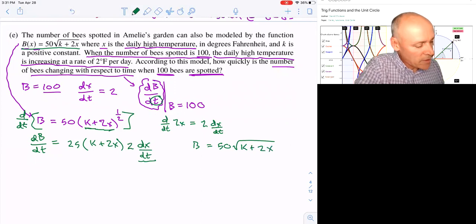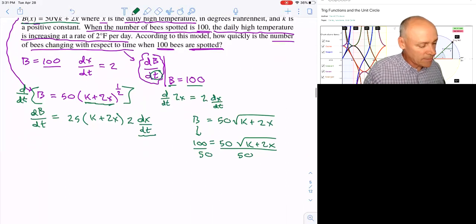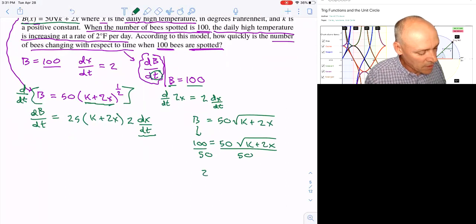And if I know I'm interested in dB/dt when B is equal to 100, so I substitute in 100. And then I divide both sides by 50. I get 100 divided by 50 is 2 is equal to the square root of k plus 2x.